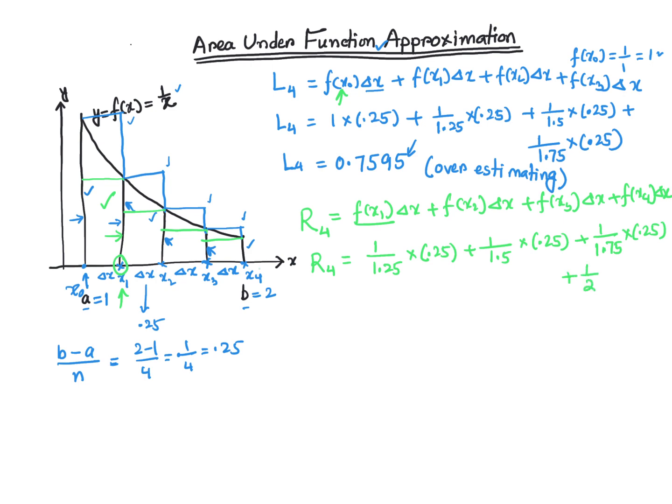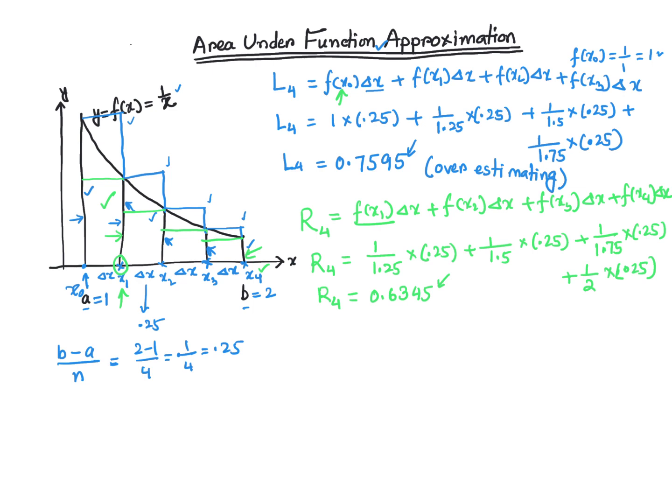The last one is going to be this side, and 1 over 2 times 0.25. If I do this calculation, I get the right sum to be 0.6345, and I also rounded it to the fourth digit after the decimal.